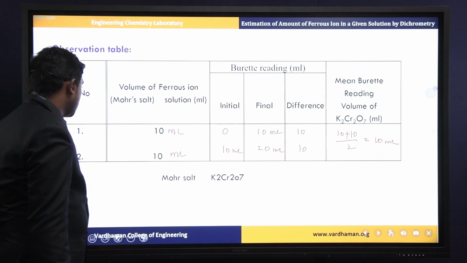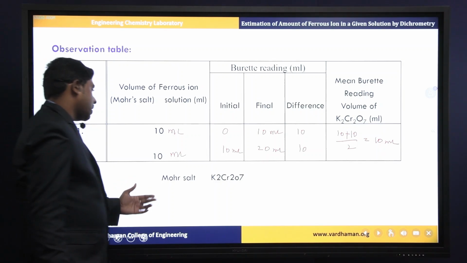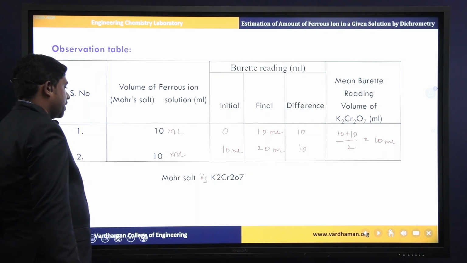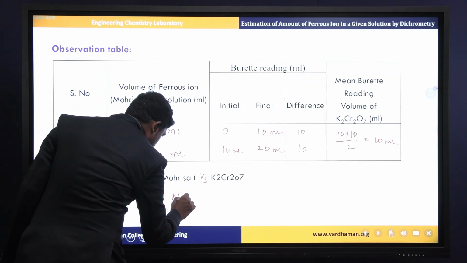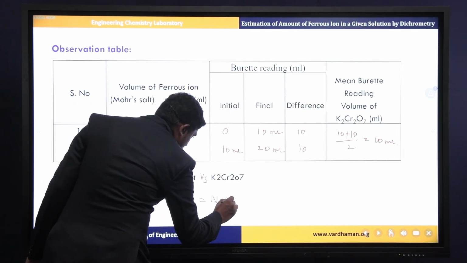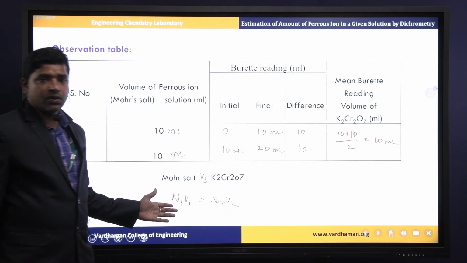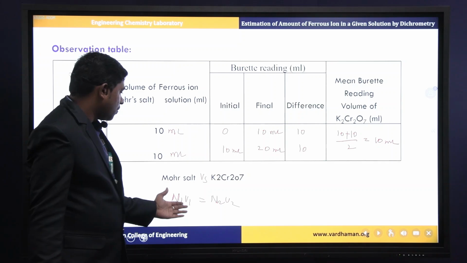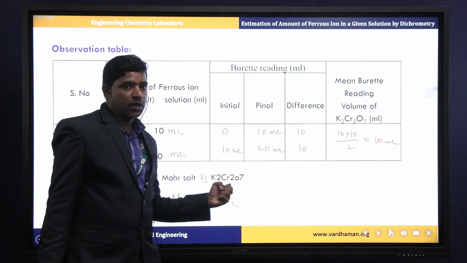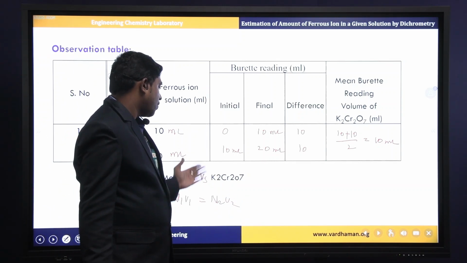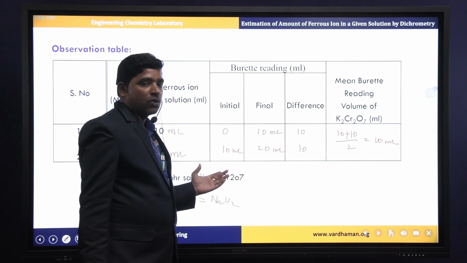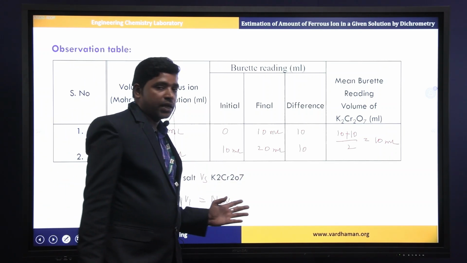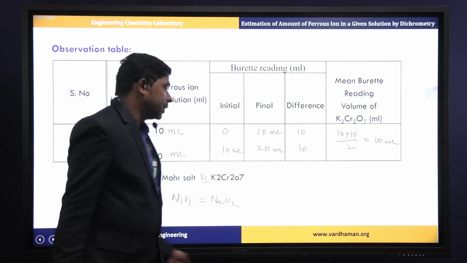So now we can do the calculations. Mohr's salt versus potassium dichromate. The normality principle: N1 V1 is equal to N2 V2. Here N1 is the normality of Mohr's salt, which we should find. V1 is the volume of Mohr's salt, that is 10 ml. N2 is the normality of potassium dichromate solution, that is 0.1 normality. V2 is the volume of potassium dichromate, that is the burette reading.